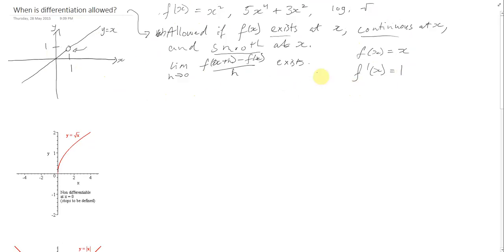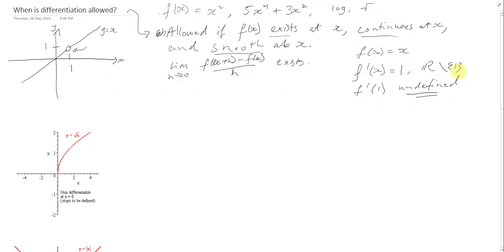Except, if I wanted to find f dash of 1 itself, because that point doesn't exist, it's a hole, that is undefined. In other words, f dash of x equals 1 for all the real numbers except for 1.